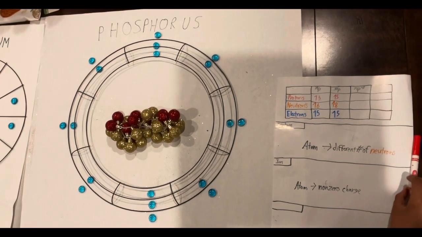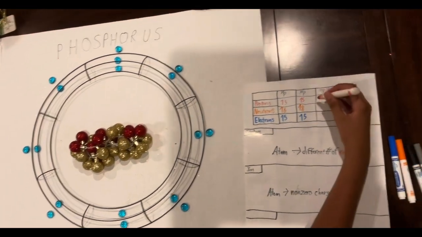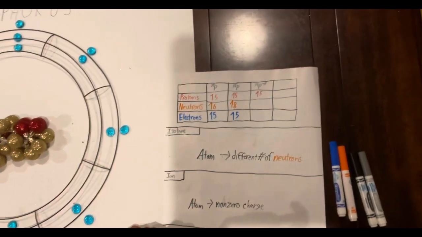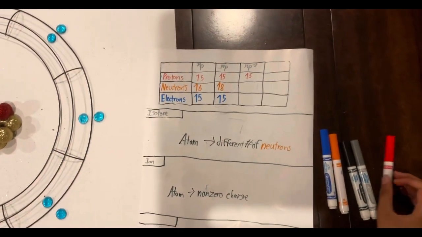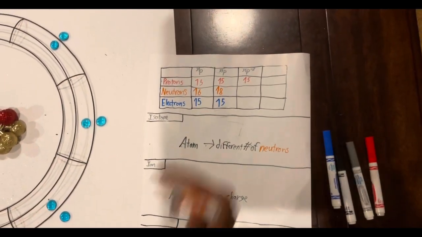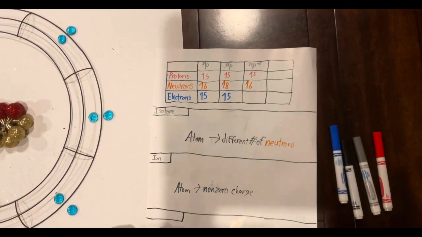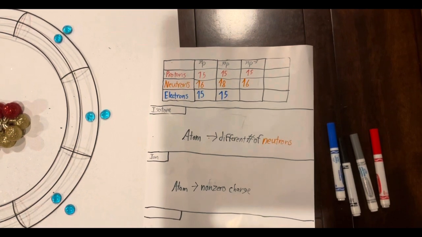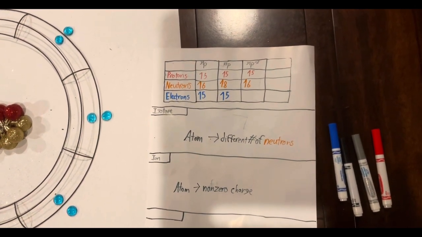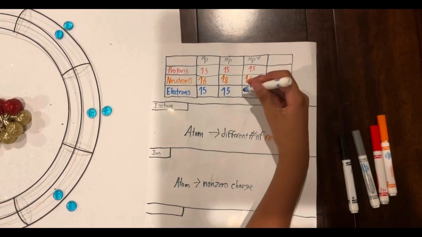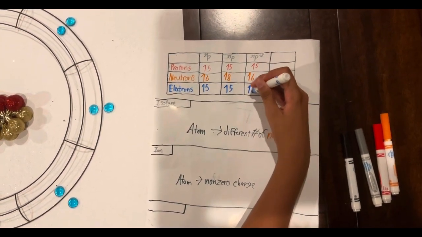So as you can see here, it has 15 protons. It has 16 neutrons, but this time it actually has 18 electrons.